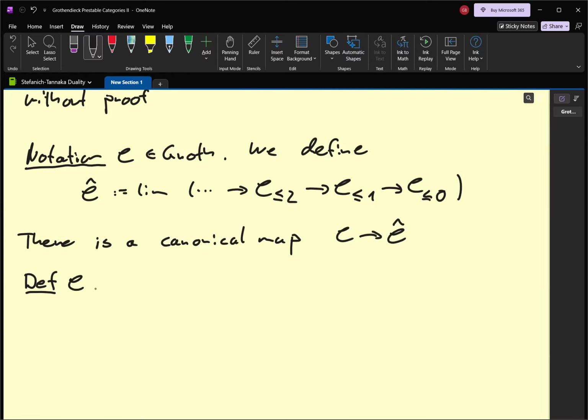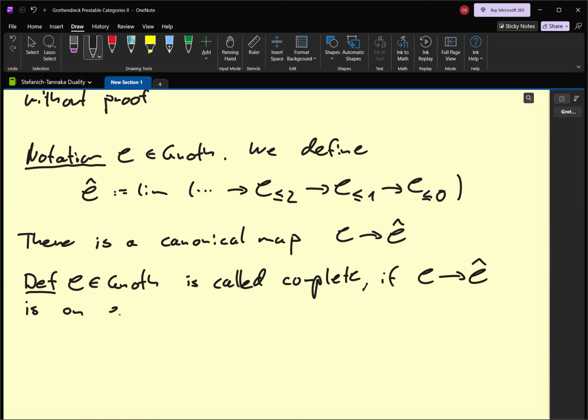So if I have a guy here in Groth, it's called complete if the canonical map from C to C hat is an equivalence. And now what we do, we just give the category a name.